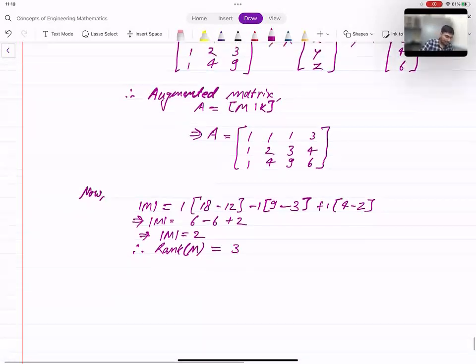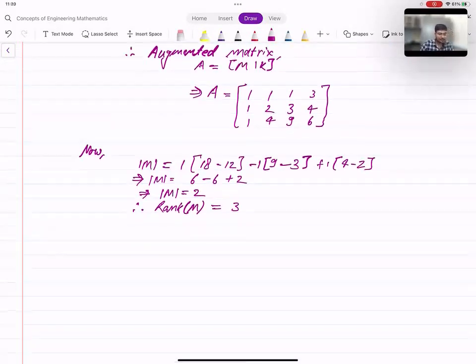Similarly, we need to find the rank of the augmented matrix. Since the rank of M is 3 and M is one of the minors of the augmented matrix, obviously the rank of the augmented matrix will be 3 only.